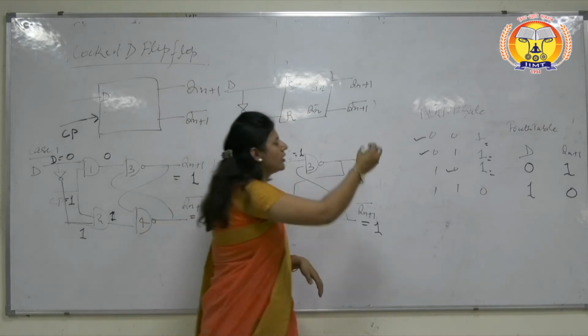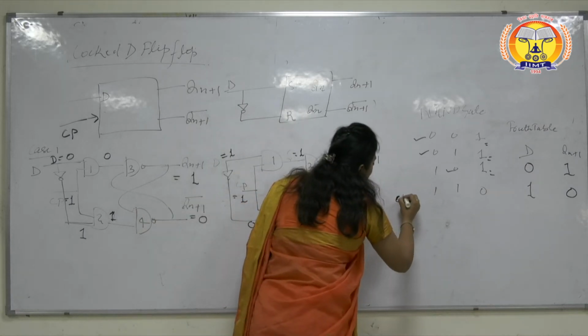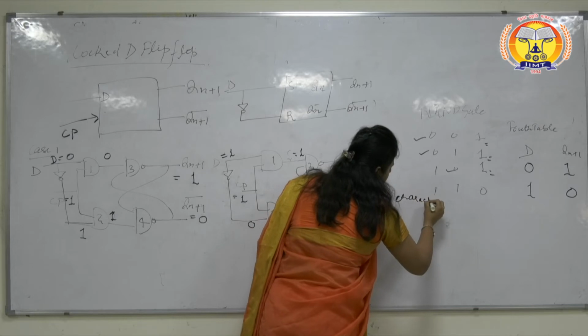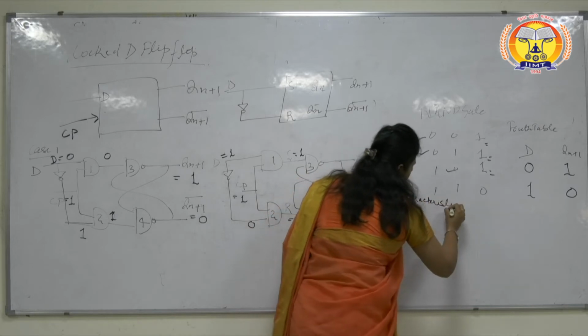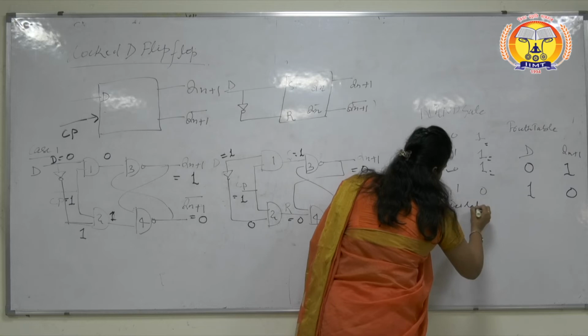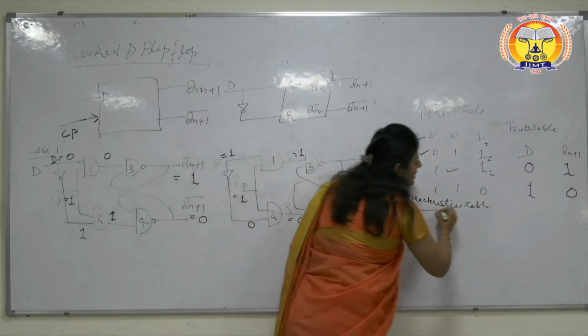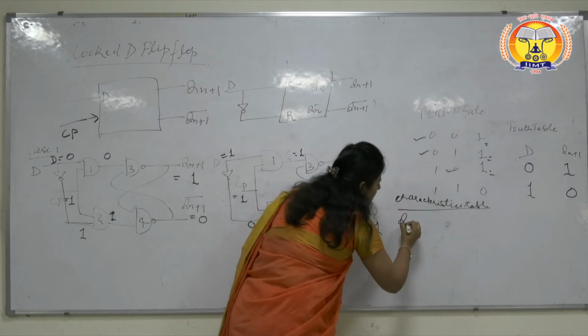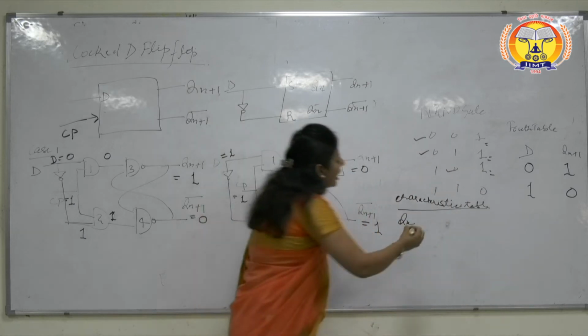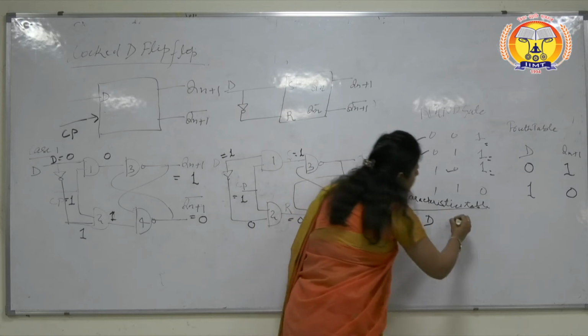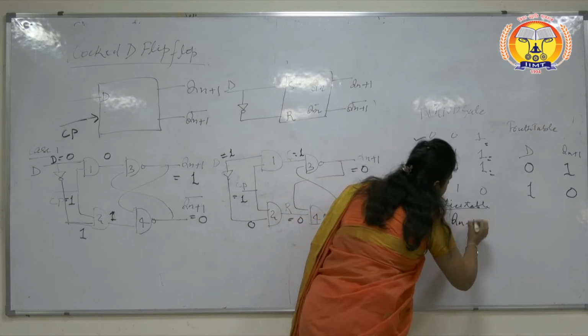Now if we have to draw the characteristics table for this one, then the characteristics table will be drawn between the present state and next state. Present state will be represented by Qn, input will be represented by D, next state will be represented by Qn plus 1.